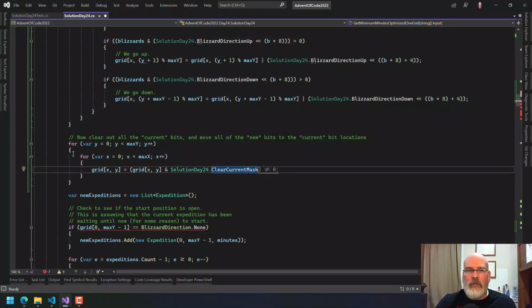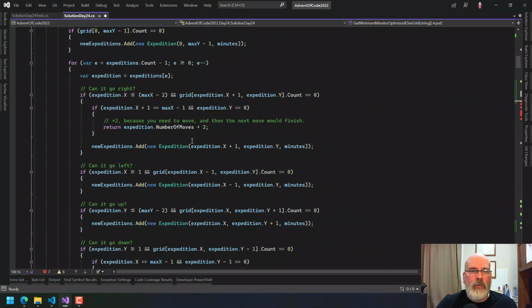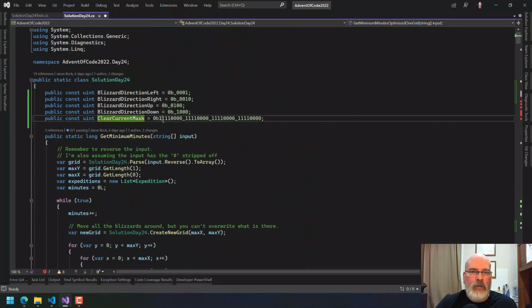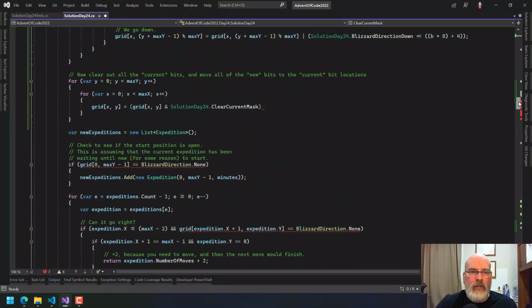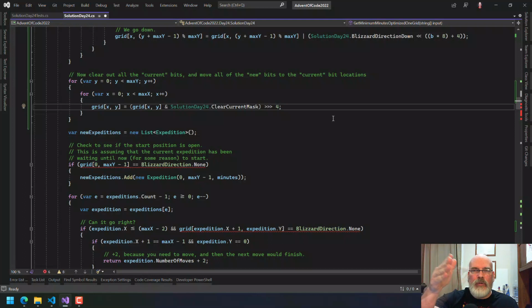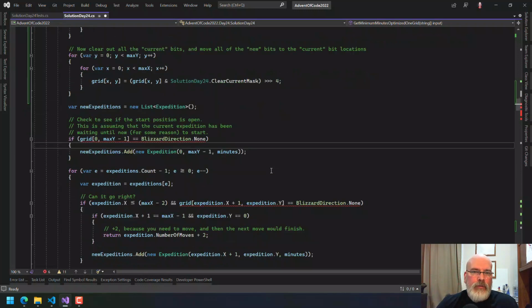So this is, again, going to keep what we just put in as all the new bits, because we're ANDing all these, and then we're going to clear out these so that the news stay and the currents go away. Okay. But then what we need to do is right shift 4, because we need to do 1, 2, 3, 4. We need to shift them over 4 bits. I think that's right.